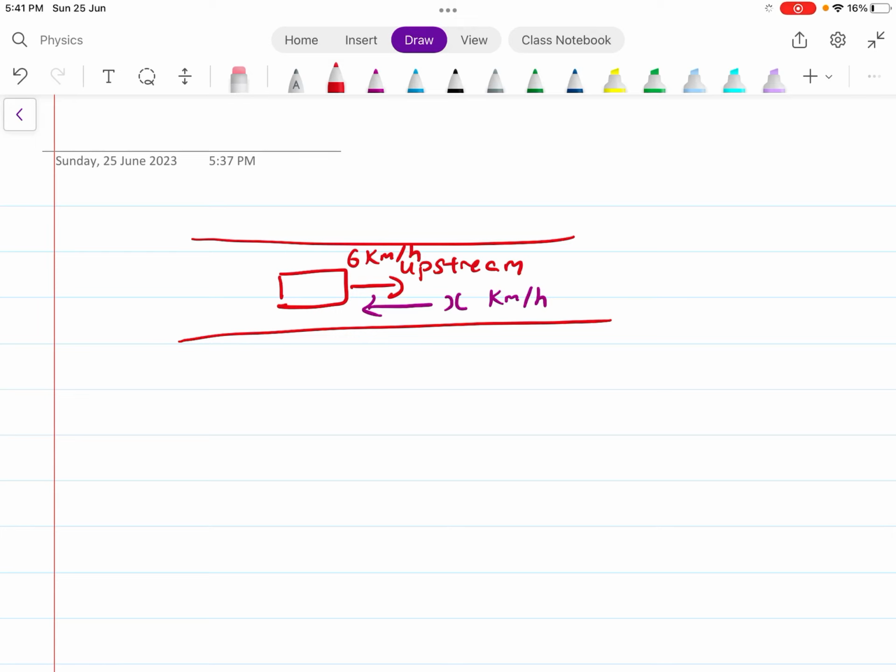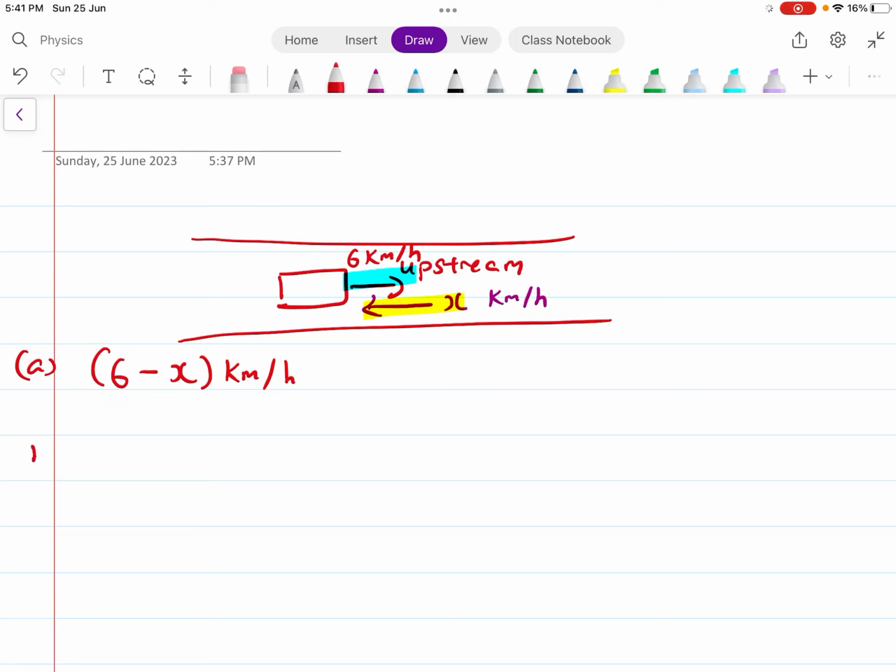For part A, you simply use 6 minus x. That is the speed of the boat going upstream, because the current is going against you. You are traveling at 6 km per hour, however the current is going against you, so you must use 6 minus x kilometer per hour.